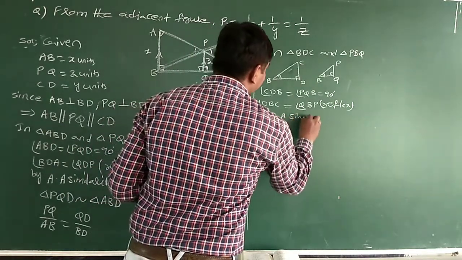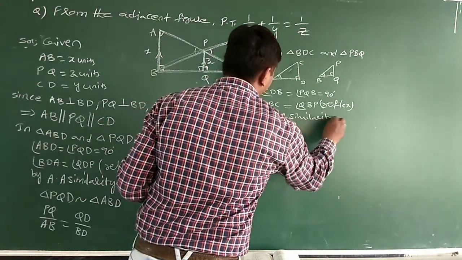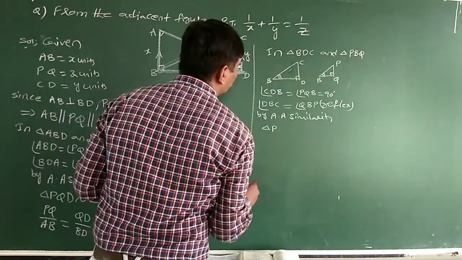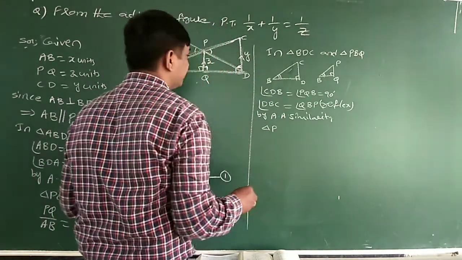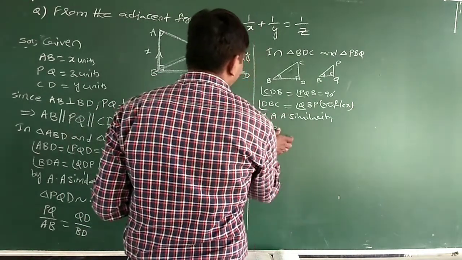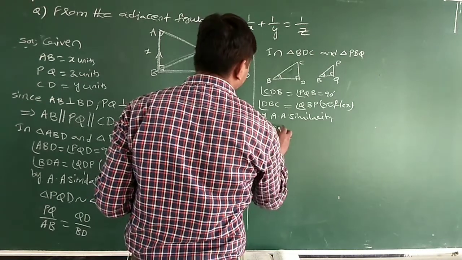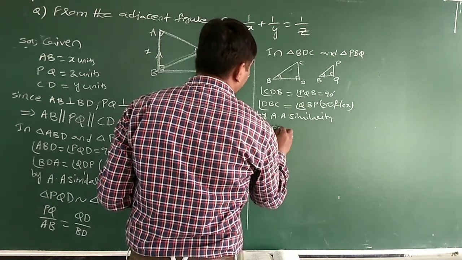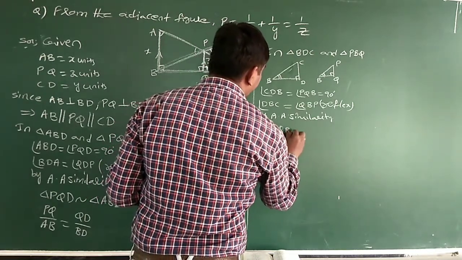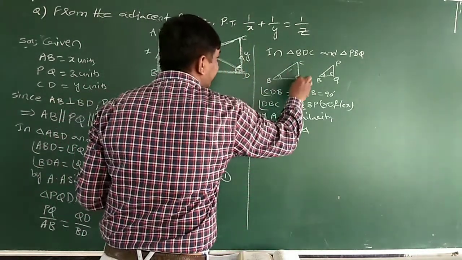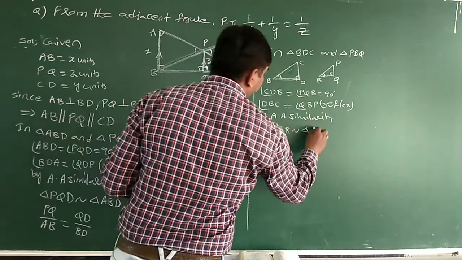By AA similarity, triangle PQB is similar to triangle CDB.